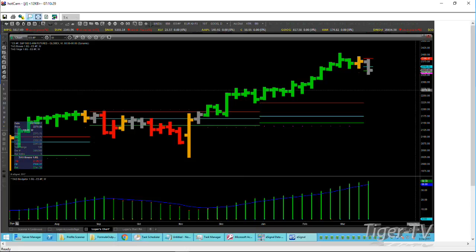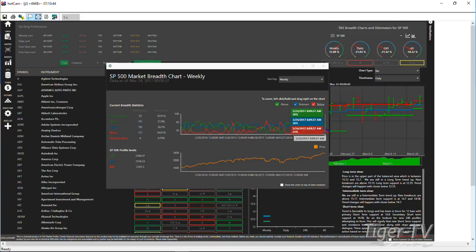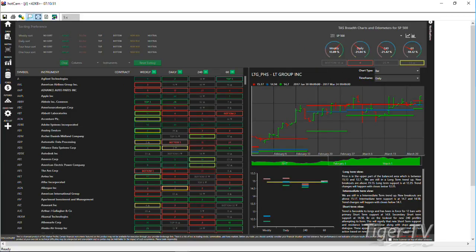There's a pretty good mixed bag when it comes to looking at our breadth calculations on the S&Ps. If you factor in what's going on here with the weekly, you could actually Monday morning, if everything stays the same, have negative breadth on the weekly and the daily long term, which would be pretty non-committal to get into a long situation.